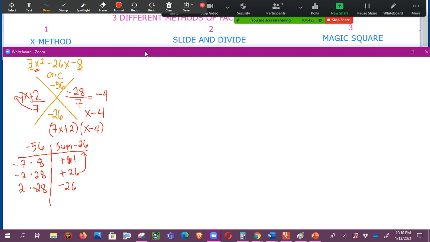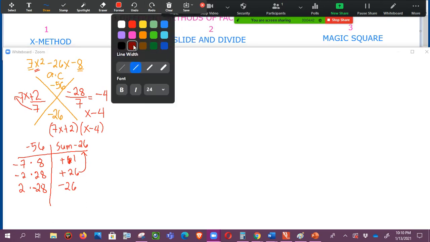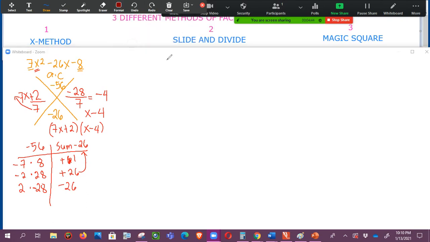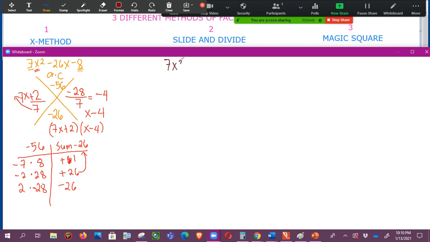As I said, this is almost the same process as the X method, but it will give us a more in-depth type of factoring. So again, I will copy the same problem: 7x squared minus 26x minus 8.